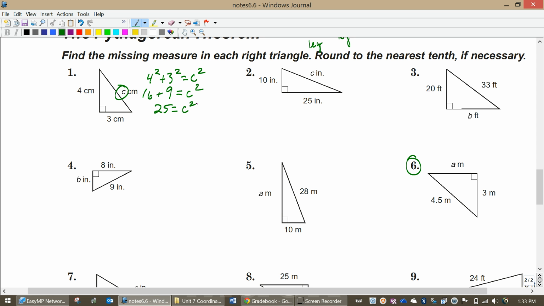Have we found the length of the hypotenuse? Is the length of the hypotenuse 25? No. We would want to square root both sides, and we get 5. The length of this hypotenuse is 5.